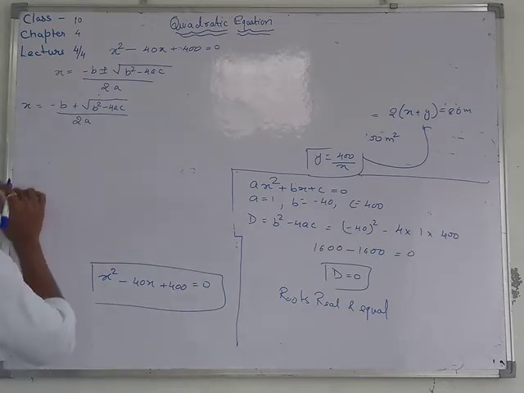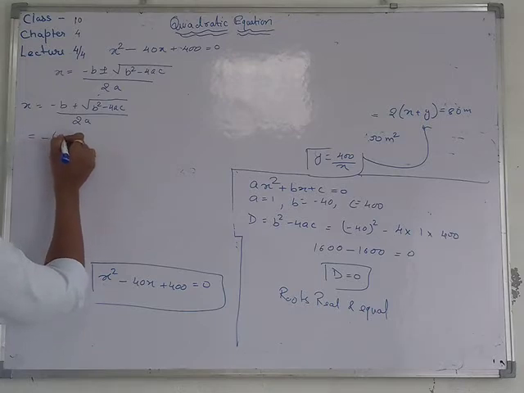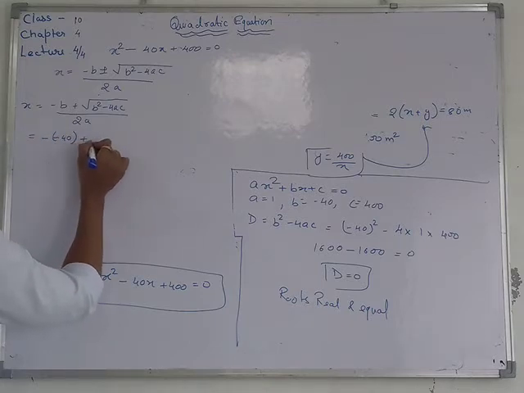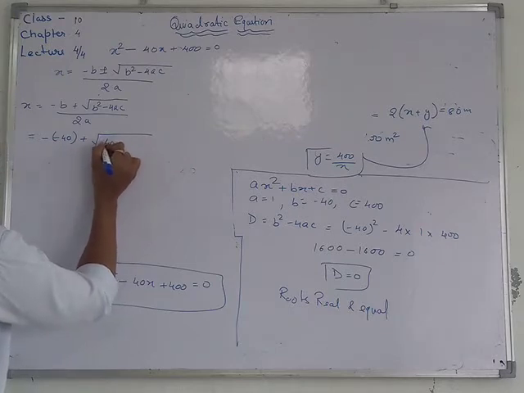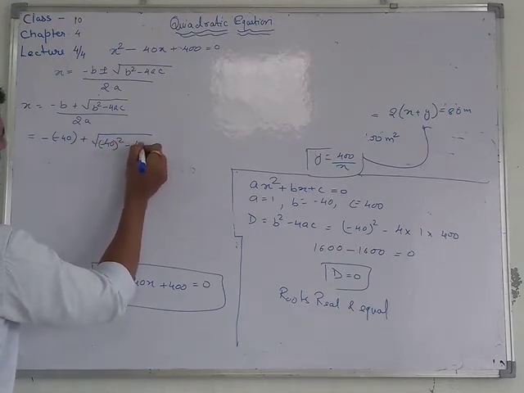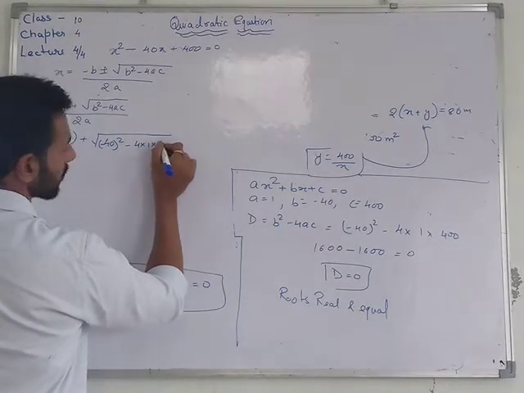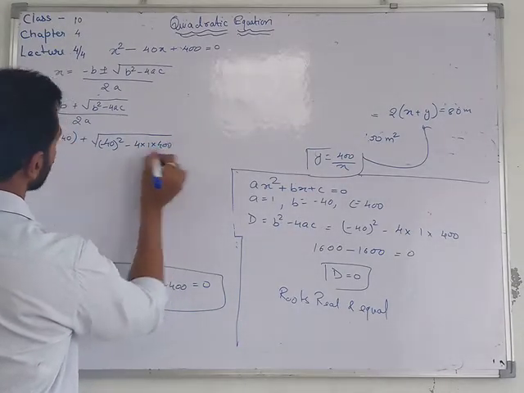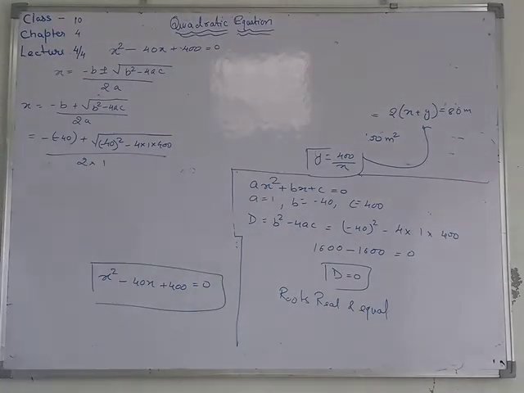Substituting the values, we will be getting minus of minus 40 plus under root of minus 40 square minus 4, a is 1, c is 400 upon twice of a is 1.